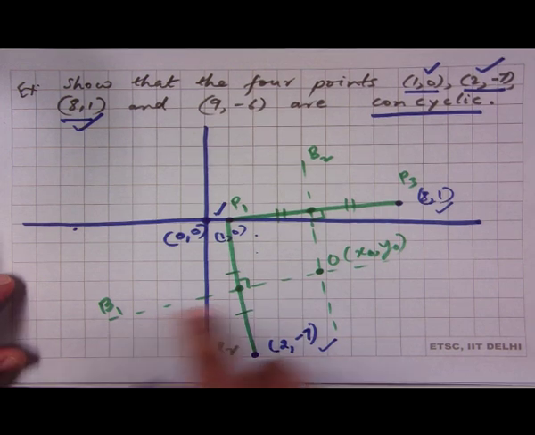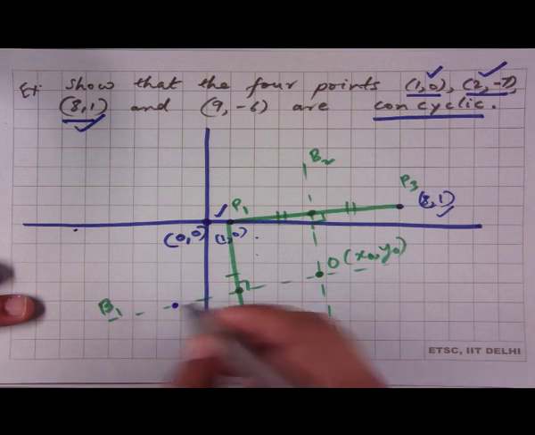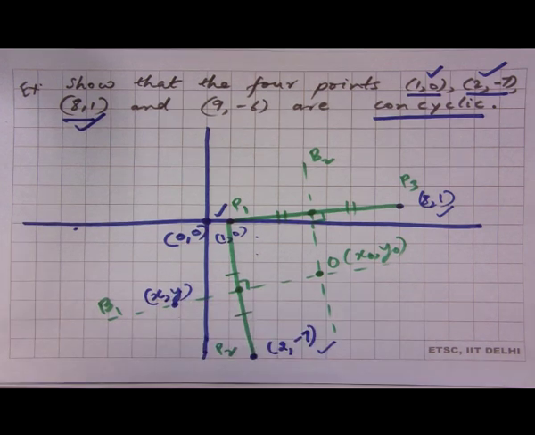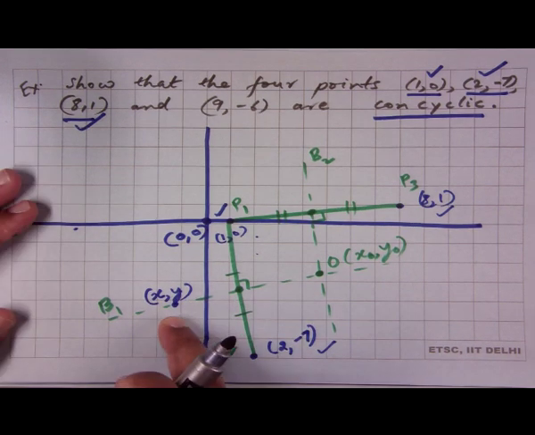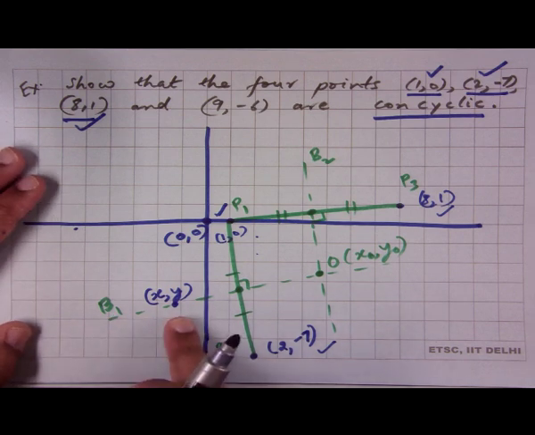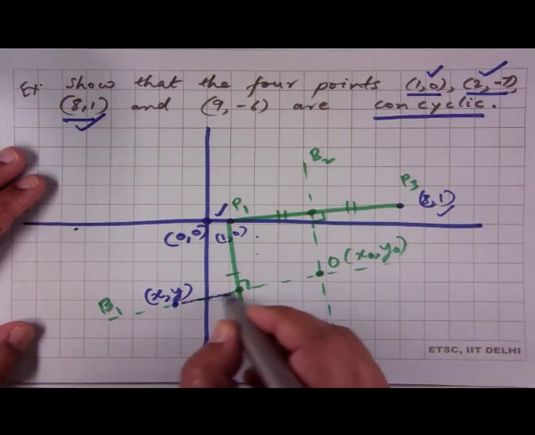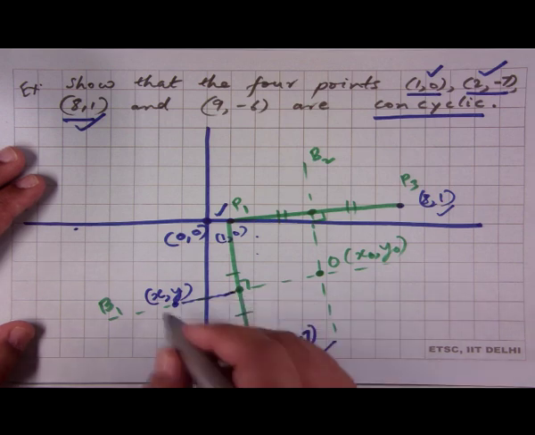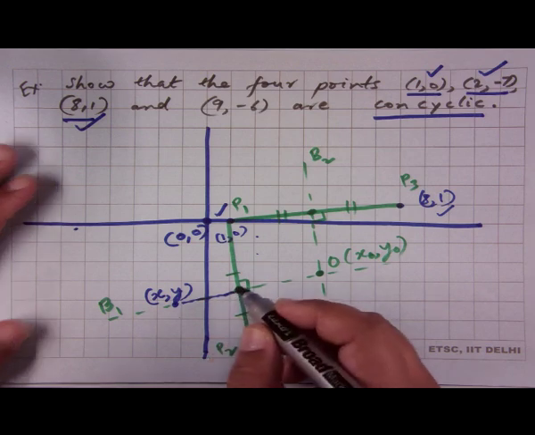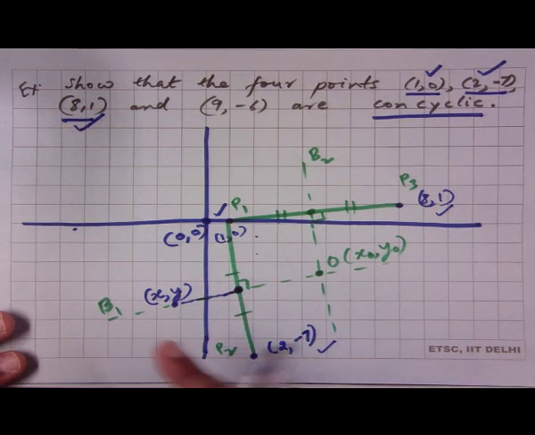For the first perpendicular bisector, any point having coordinates (x, y) on B1 must satisfy the following equation.